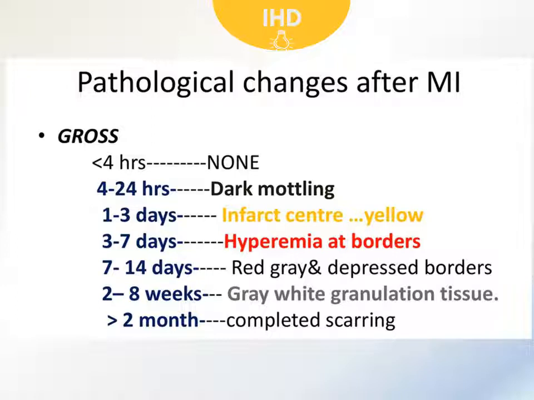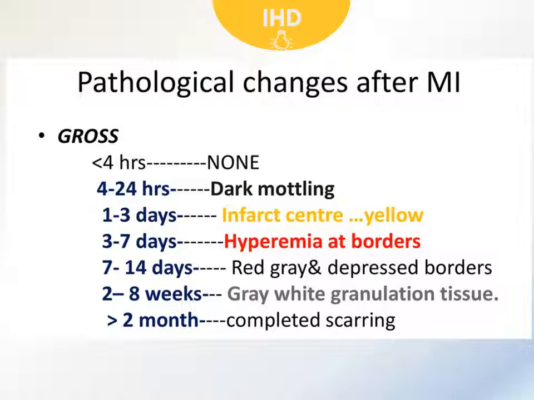This is a summary of pathological changes after myocardial infarction. Grossly, less than 4 hours, no changes appear. From the 4 to 24 hours, there will be dark mottling. From the first to the third day, there will be infarct center and yellow in color.